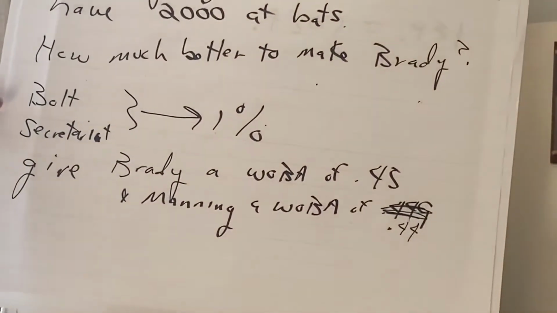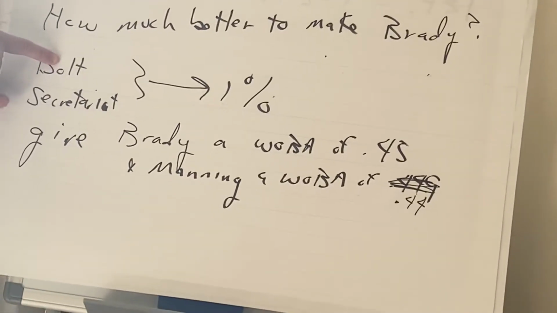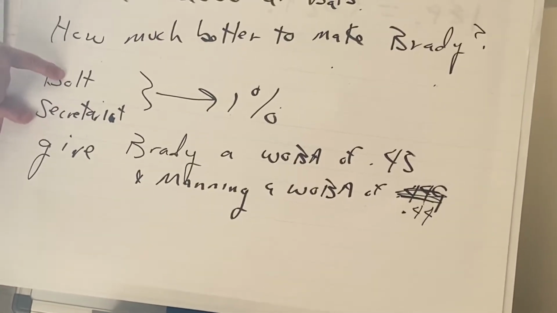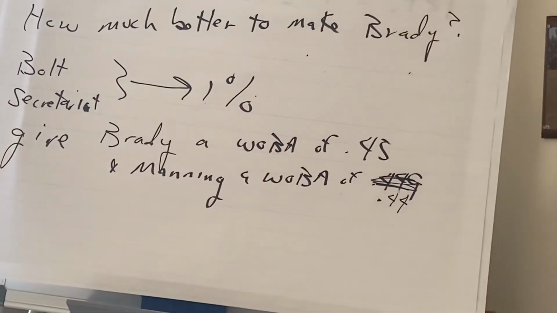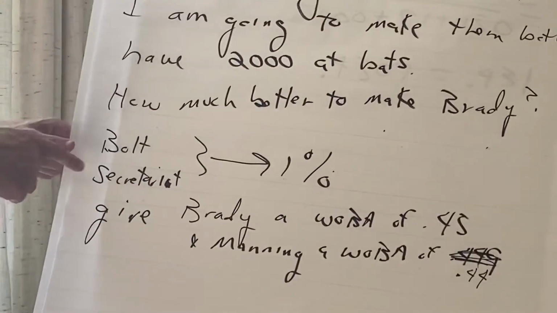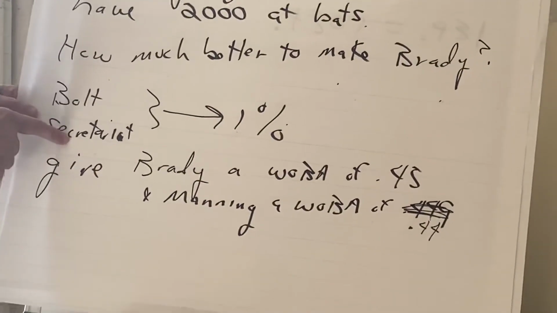Well, I'm just thinking of a couple examples. You might remember Usain Bolt. I think it was the 200. He dominated. It was 2008, I believe. Secretariat dominated the field. Secretariat, of course, is a horse, but same idea.